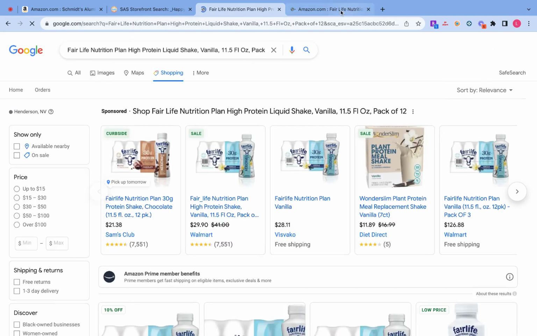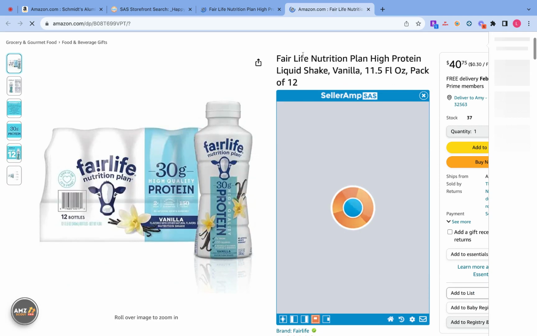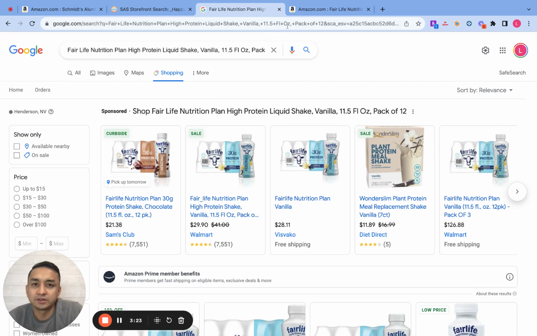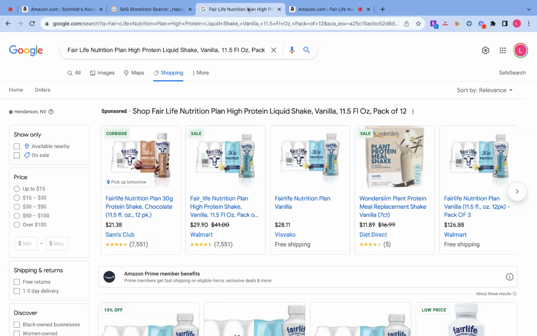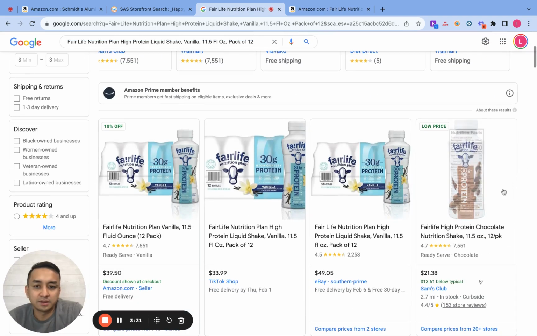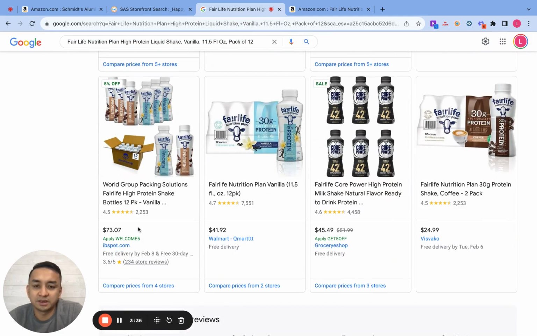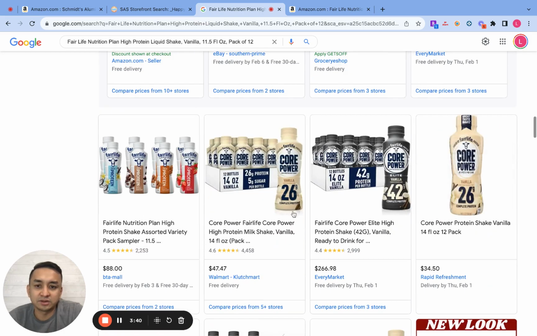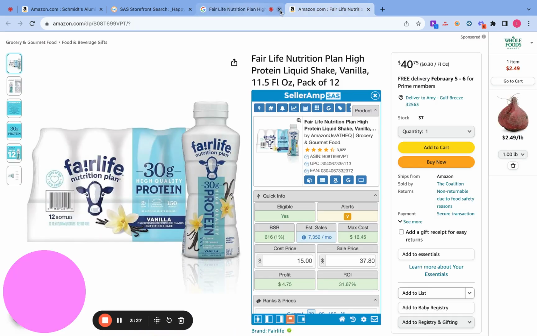Fairlife Nutrition Plan, okay, pack of 12. So max cost is 16.45. Let's see. I'm not seeing anything lower than $16, 16 or less. So this one's a skip.